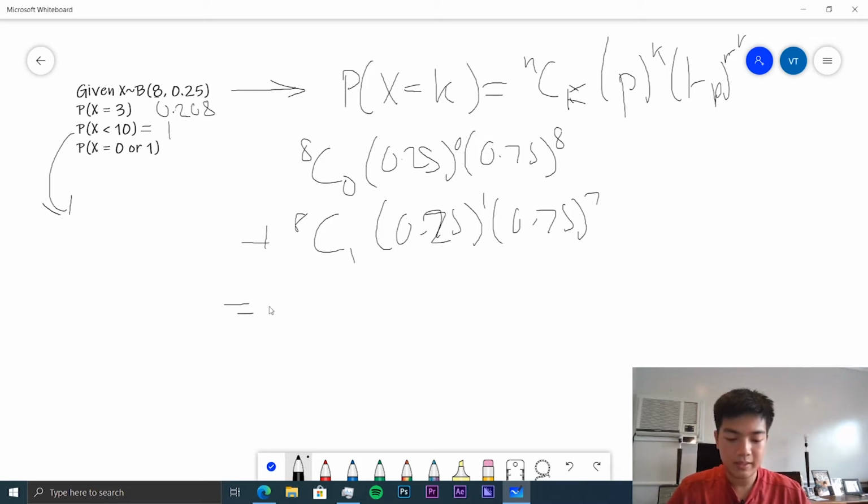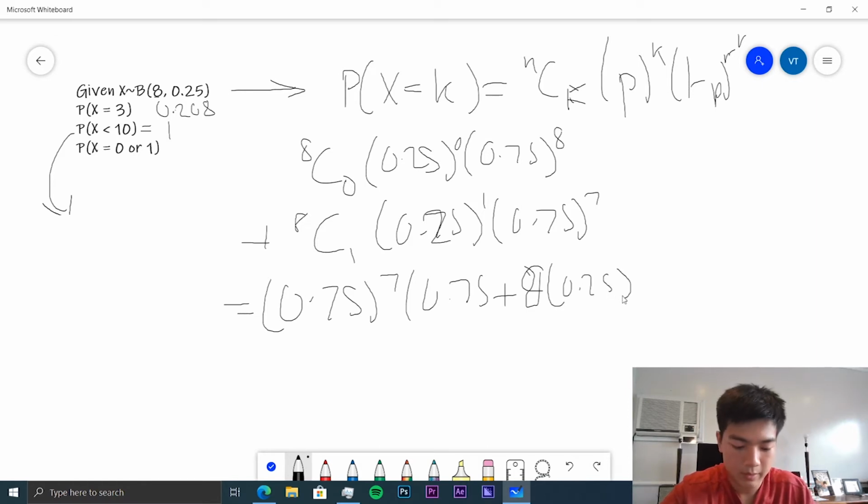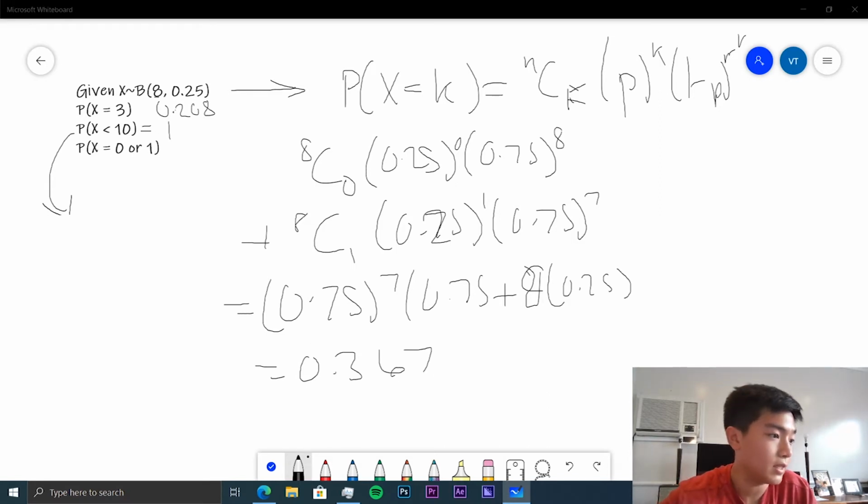We can group this as 0.75 to the 7 times (0.75 plus 8 times 0.25), which is equal to 0.367. So that should be our answer.